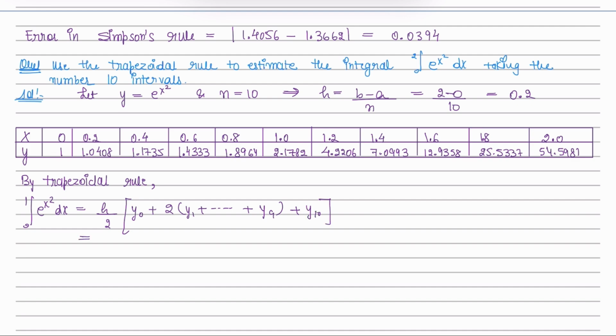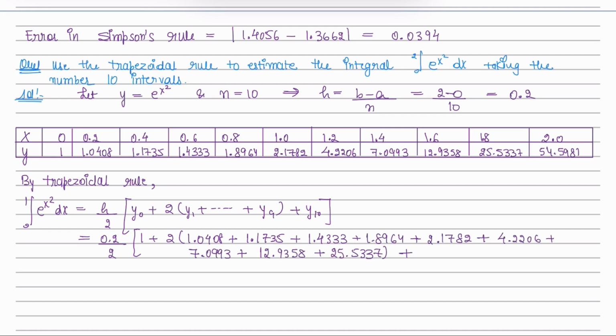Using the values of the yi's here, this will be equal to 0.2 by 2 into 1 plus 2 times 1.0408 plus 1.1735 plus 1.4333 plus so on to y9 plus the last term 54.5981.